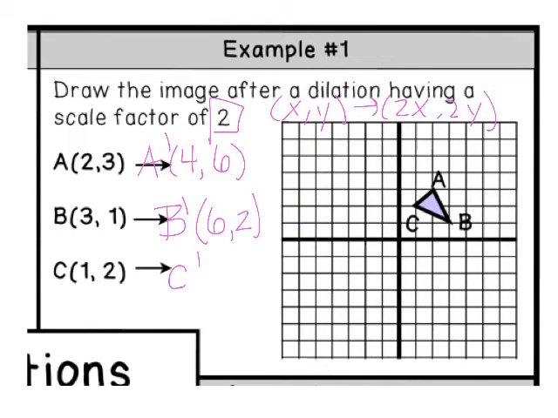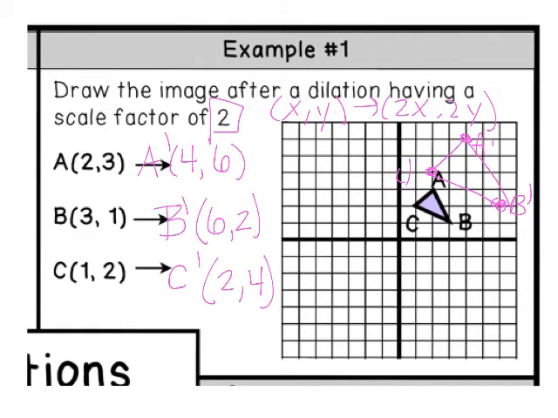And C prime: 2 times 1 is 2, 2 times 2 is 4. Then we can plot. So we have A prime at 4, 6. B prime is 6, 2. And C prime is 2, 4. Hopefully I put these all in the right spots.